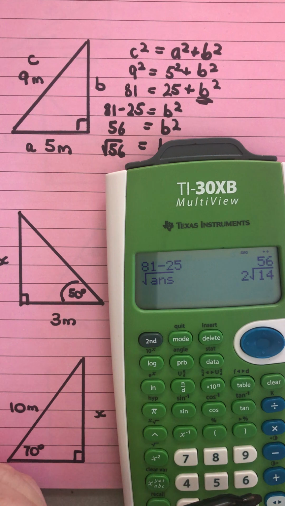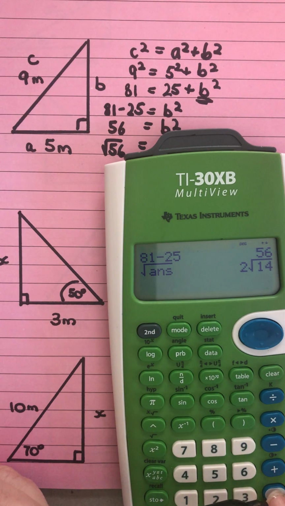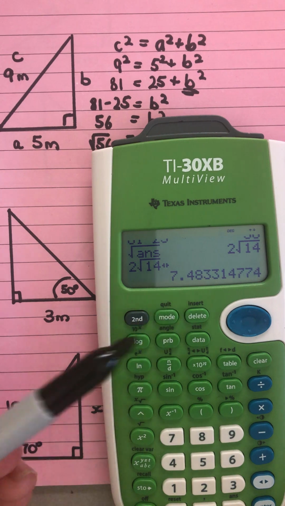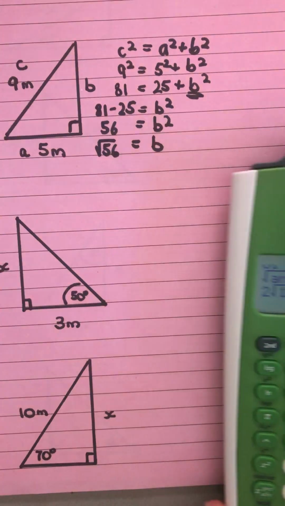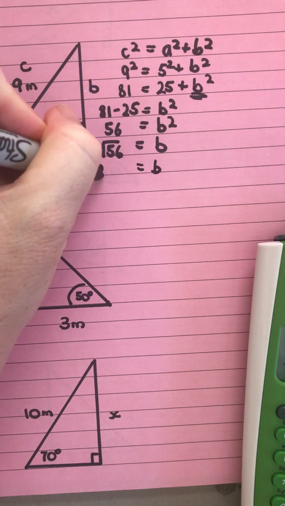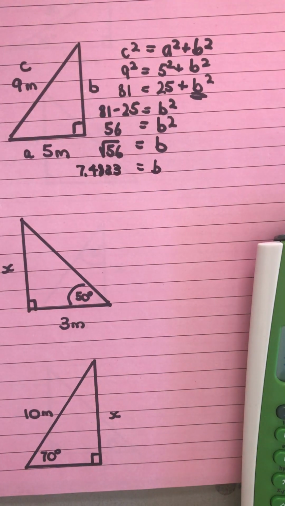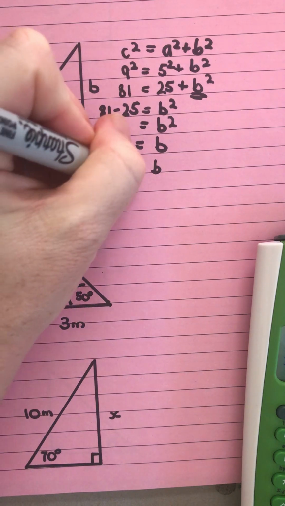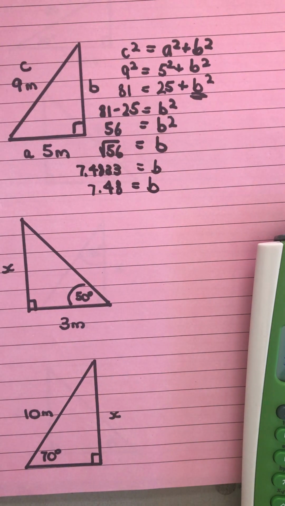So we're just going to press that arrow button here to change it to a decimal, and we get 7.4833. Now we could round that to 2 decimal places, so we'd write 7.48 is equal to B. If you wanted, you could do the wavy lines to show that's approximating.